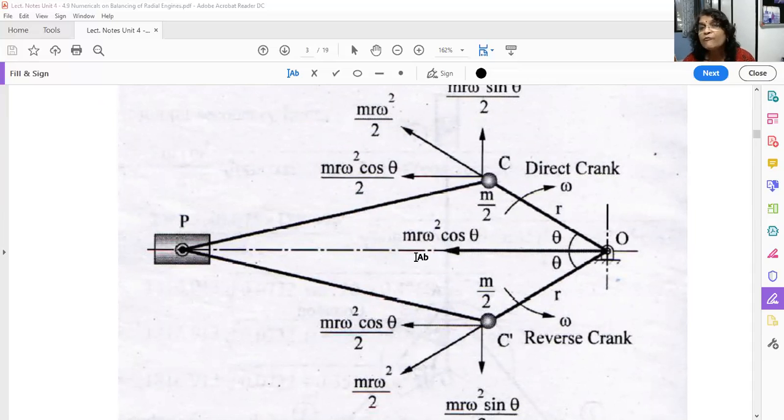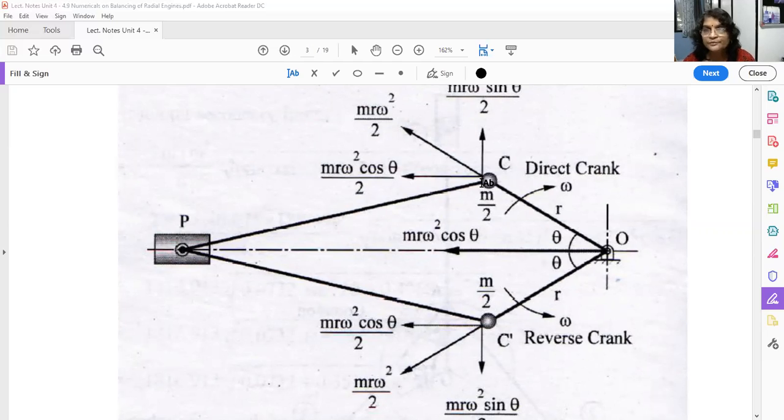We took half of the mass and put it on the direct crank pin, and half the mass we put on the reverse crank pin. So right now we only have to think that this m/2, which is along the line of stroke, we have to rotate through theta degrees and put it at the crank pin.